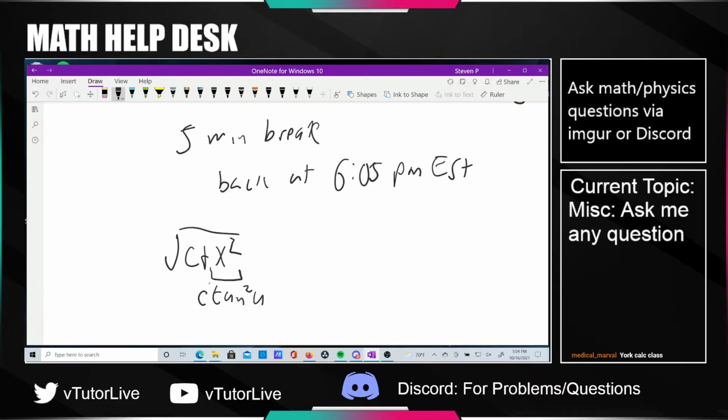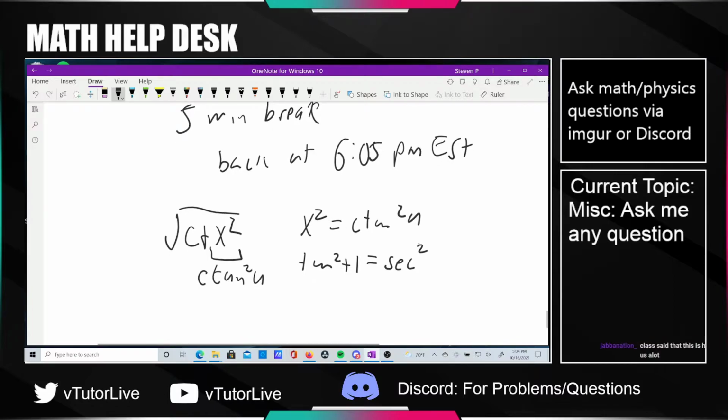You want to basically turn this into a c tan squared u. So you let x squared equal c tan squared u, because you want to take advantage of tan squared plus 1 equals secant squared. And the idea is that if you can replace this with a secant squared, then the square root applies to it, and you just pop out a secant with some root c in front. And that's the trick, right?